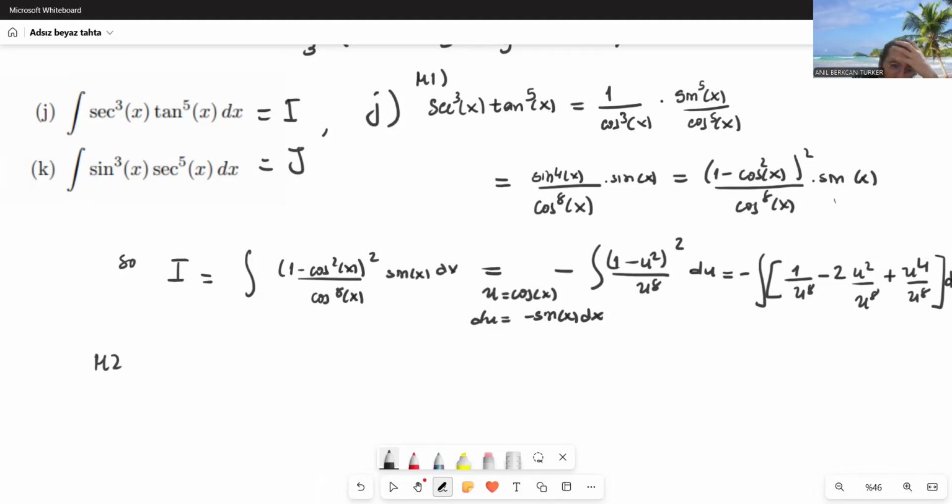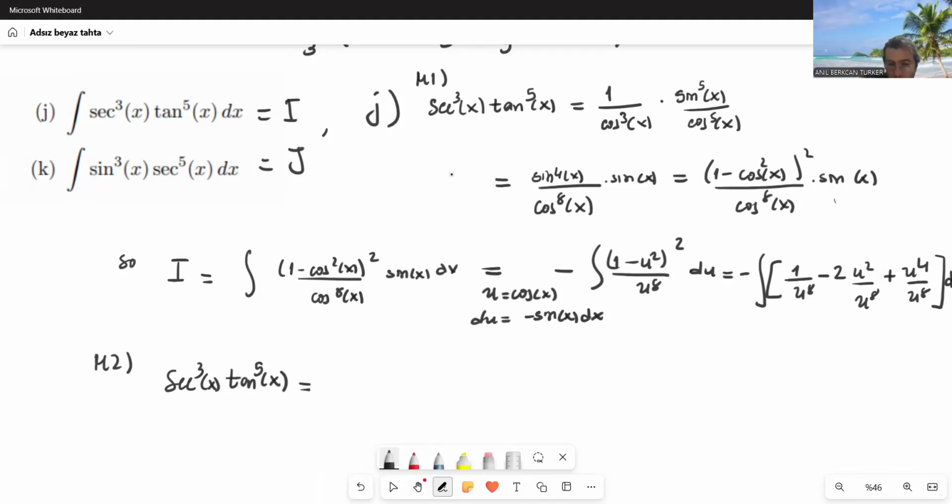In method 2, you can write secant cube x tangent 5x. I'm not sure, I'm just feeling it. I forgot about the solutions. So I know that the derivative of tangent is secant square.